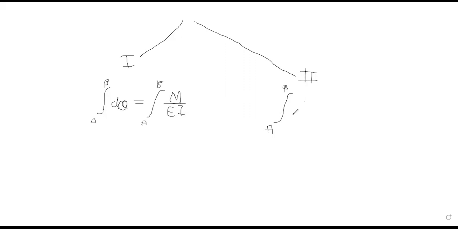So in delta, the change is M over EI, multiplied by x bar, right?